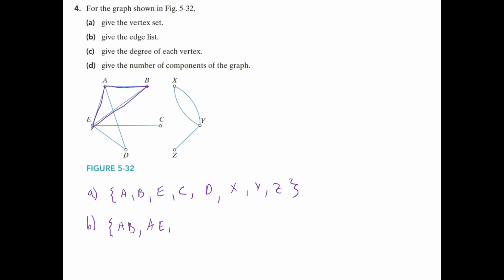Then you have this edge joining B and D. Then you have this edge joining A and D. And then you have this edge joining E and C. And then you have this edge joining E and D.